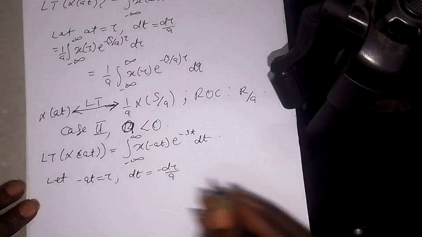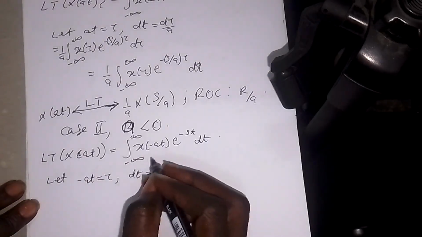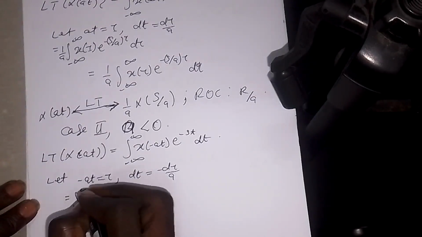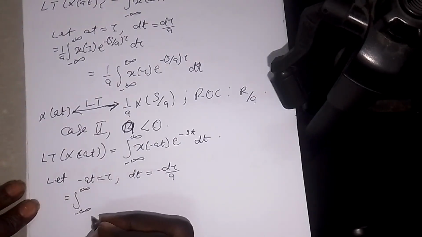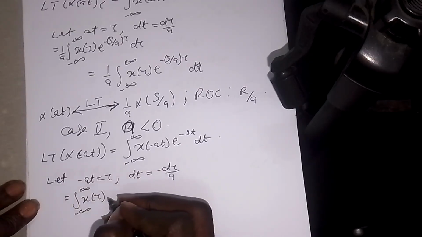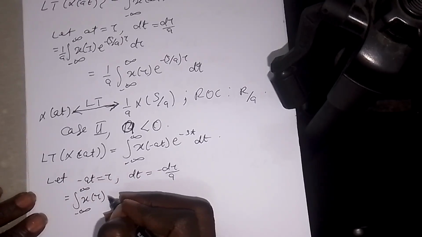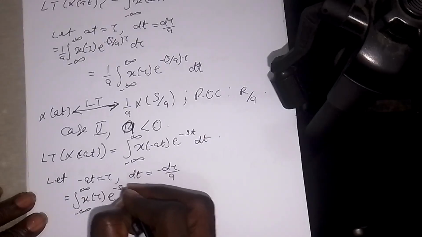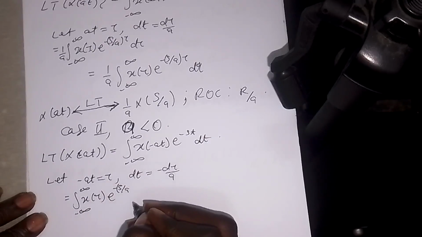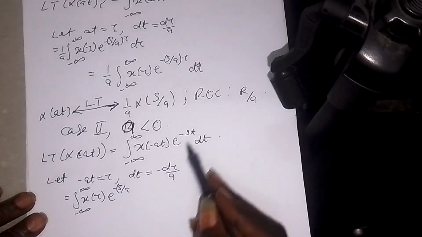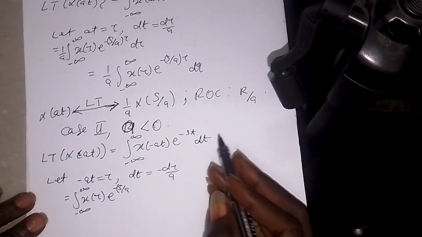Now if I put that here, I'm going to have the integral from infinity to minus infinity of x of tau into e to the minus s over a, minus s over a into tau, into d tau.